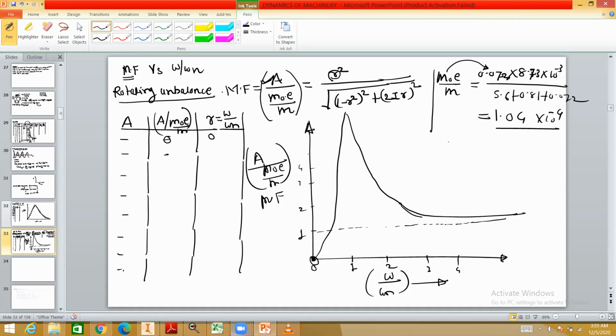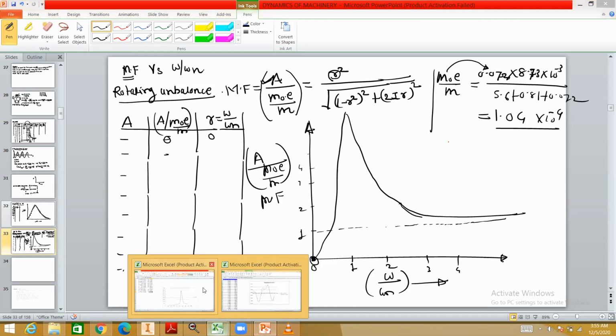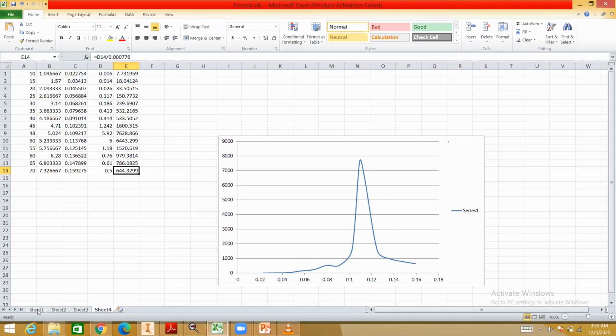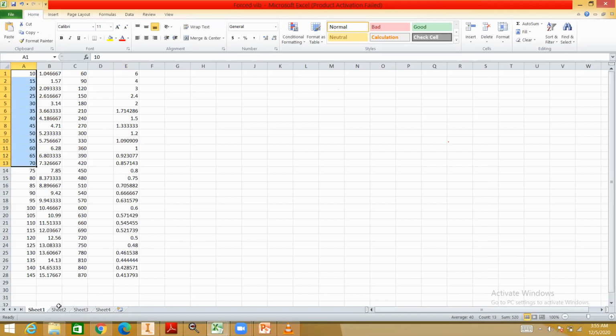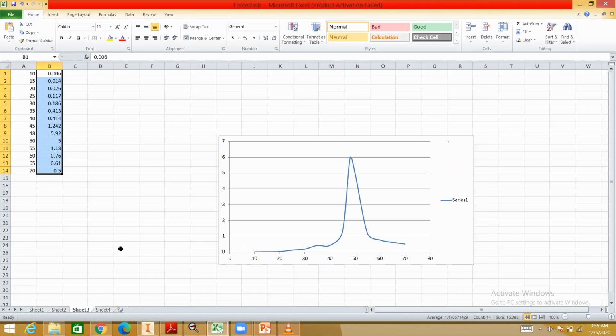So I will show the output. Here you can see the first graph, it is RPM. The x-axis is the RPM, so this is 10, 15, 20, up to 70. This is the A value only. So you can see here, I have taken exactly the resonant condition at 48. This is the additional value.